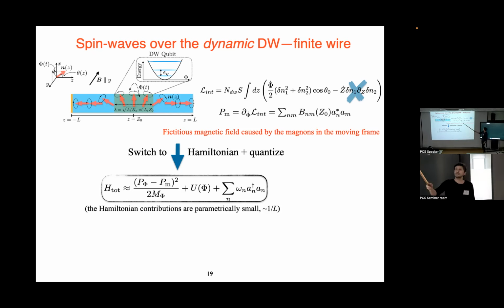So you can find the momentum associated with this term, and you find here some P_n that is given by some integrals there, and these are the amplitudes of the magnons. So that's our construction. And finally, you switch to the Hamiltonian, and that's our Hamiltonian.